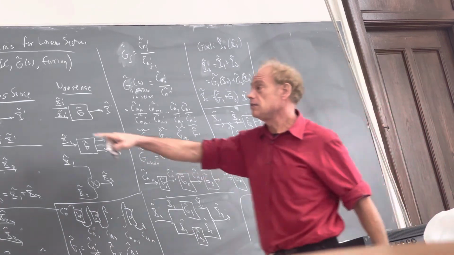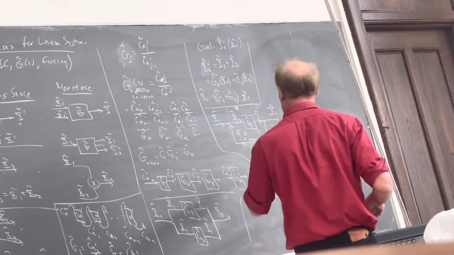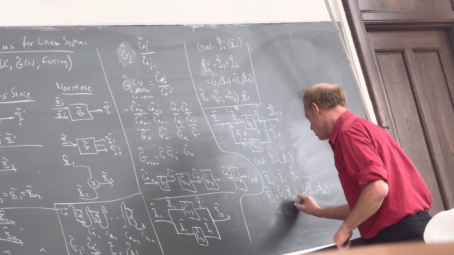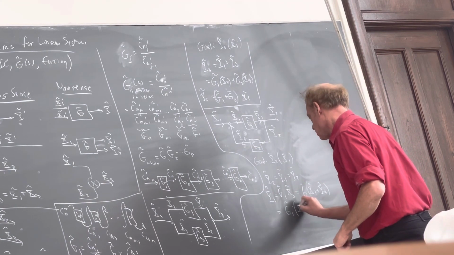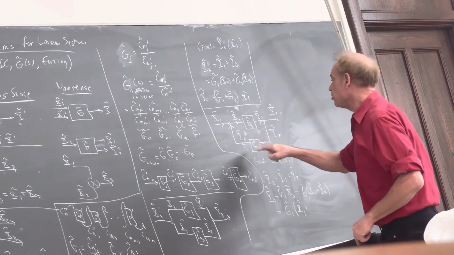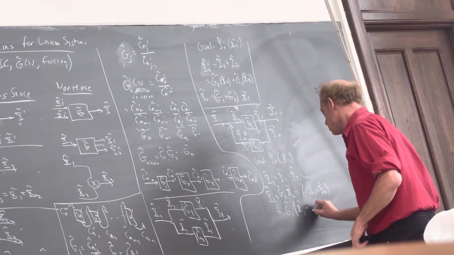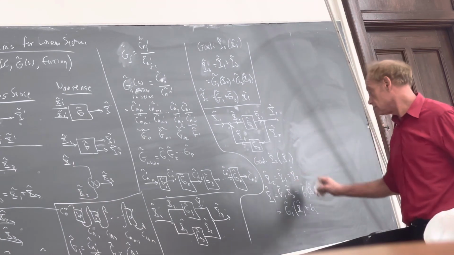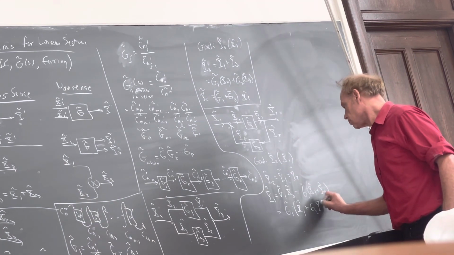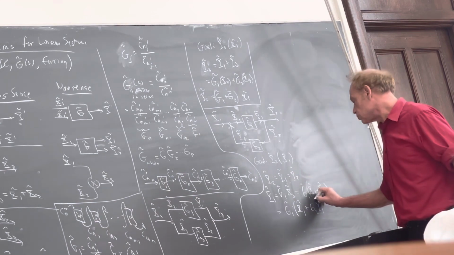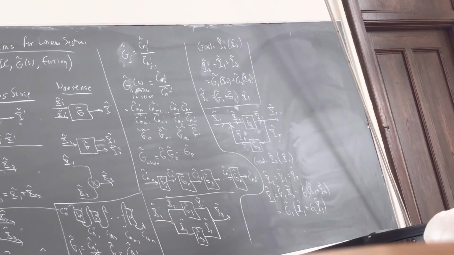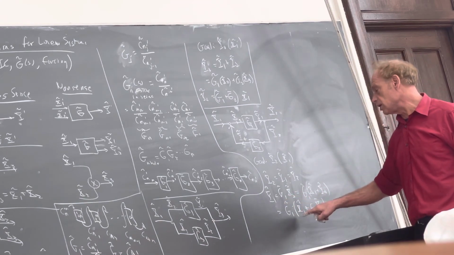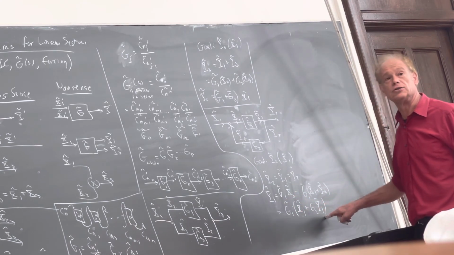The first one, which tells me that y4 is just g2 y3, which is the same thing as g2 y1, because y3 is the same as y1. So I have y1 is g1 x1 plus g1 g2 y1.